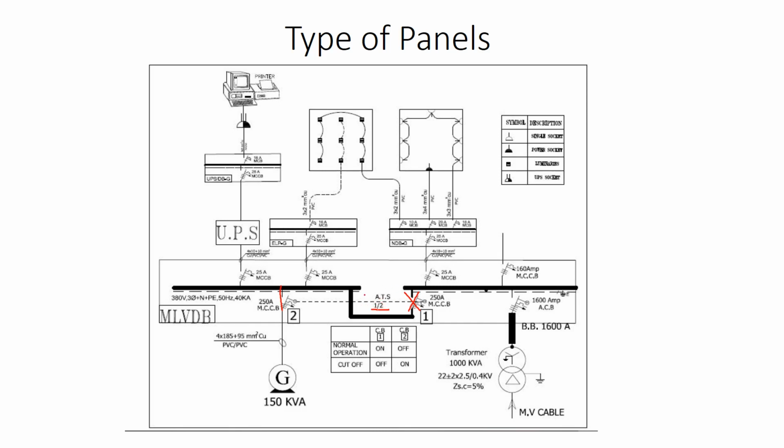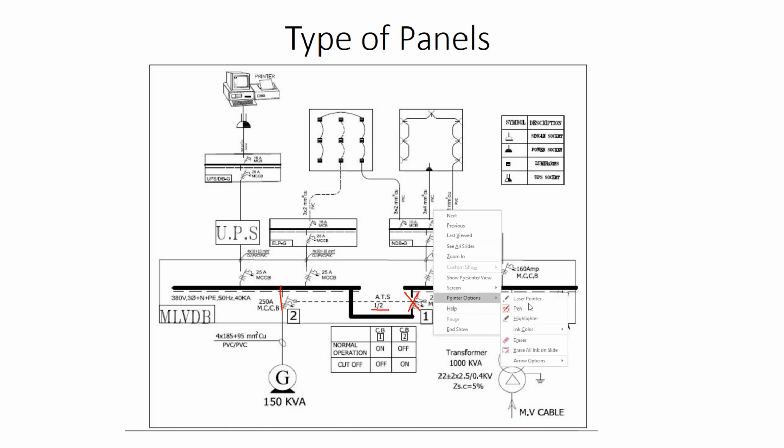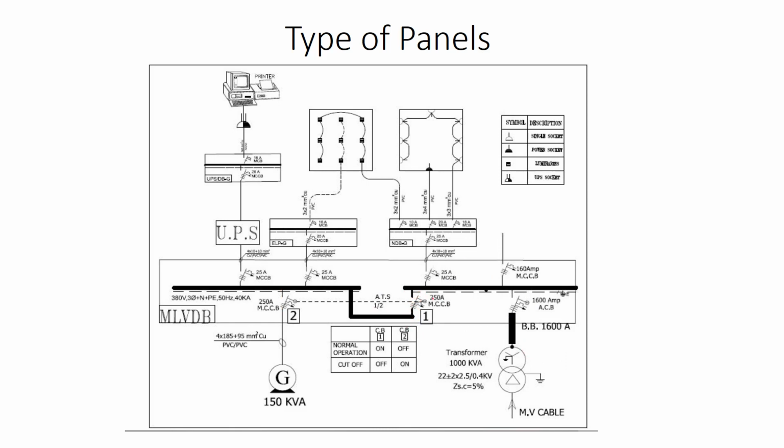What is the ATS used for? It is used to move from the main supply to the emergency generator, or from the emergency generator back to the main electrical supply, by switching between circuit breaker number 1 and circuit breaker number 2.